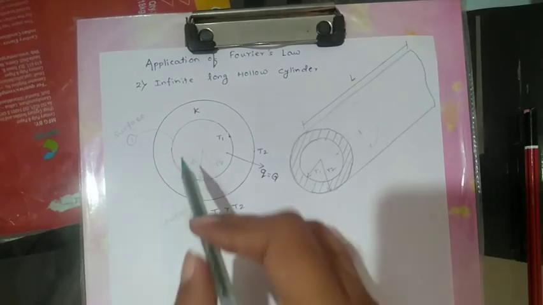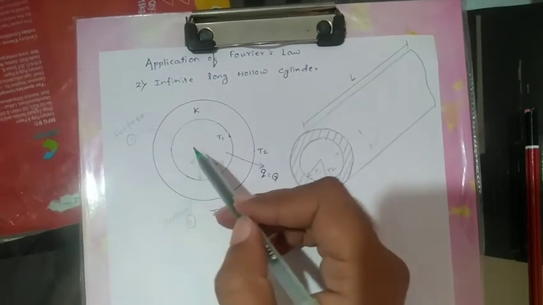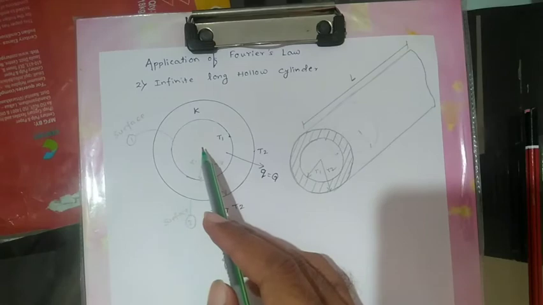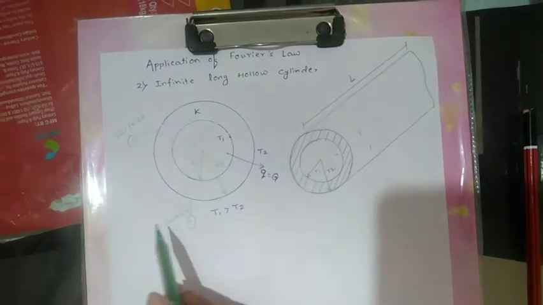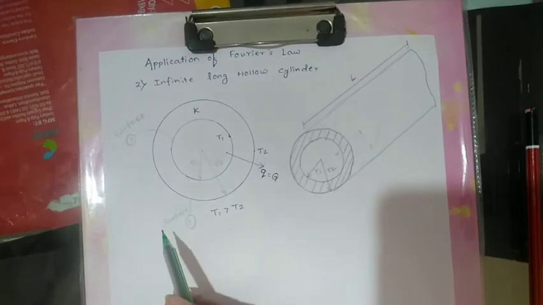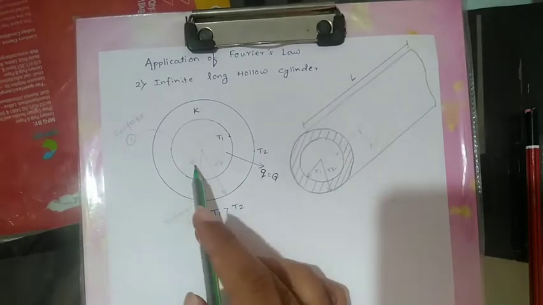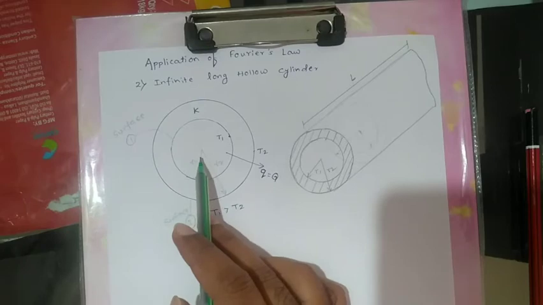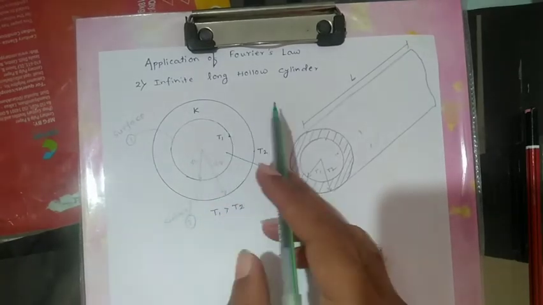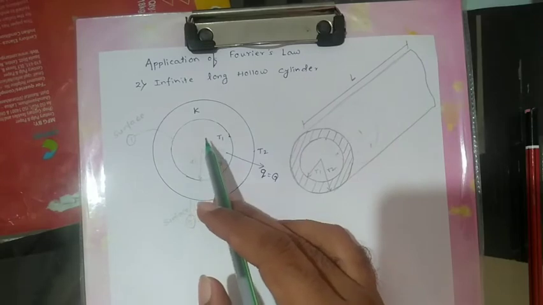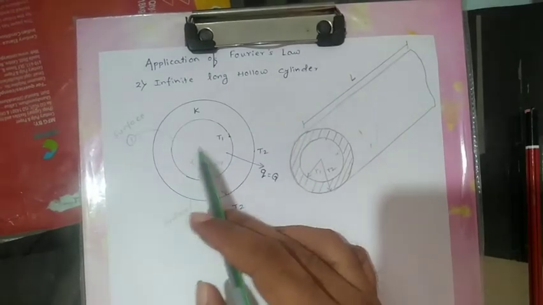The steam flows inside at a higher temperature and the heat is going to dissipate radially outward. Second example, the refrigerant flows through the tube and the heat is transferred from outer to inner or inner to outer, depending upon the temperature of the refrigerant.